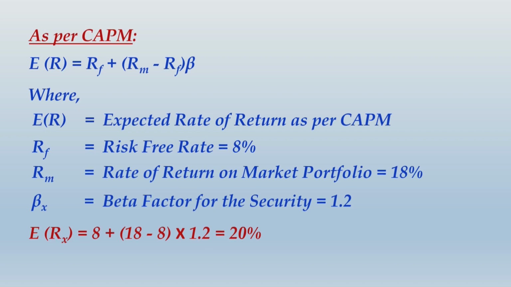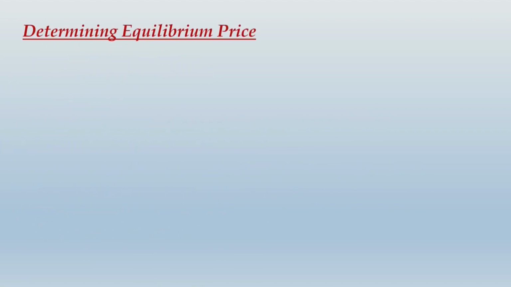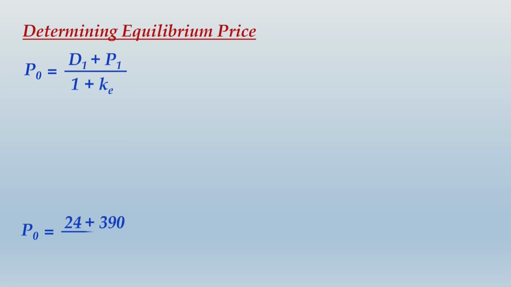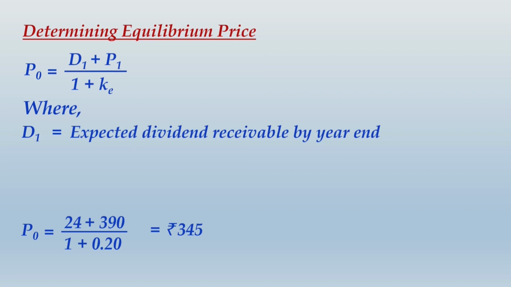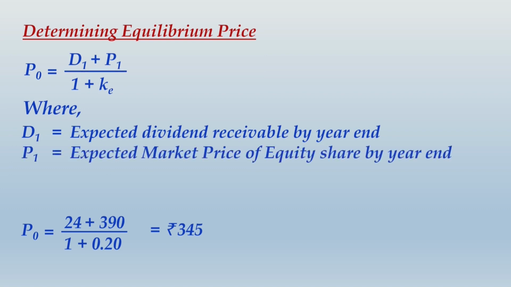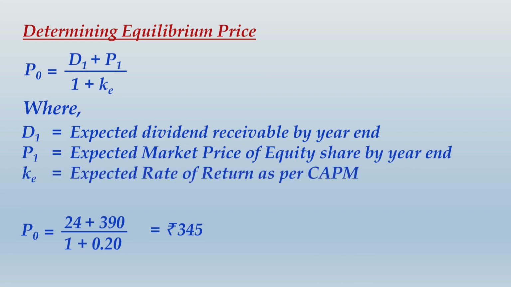Alright friends, once you have completed writing this much, let us move ahead, and now we talk about determining the equilibrium price, and P0 equals D1 plus P1 divided by 1 plus KE, and we can just compute P0 as 24 plus 390 divided by 1 plus 0.20, because the variables that we have used will be D1, which is expected dividend receivable by year end, P1 is the expected market price of the equity share by year end, and KE is the expected rate of return as per CAPM, and P0 is the equilibrium price.